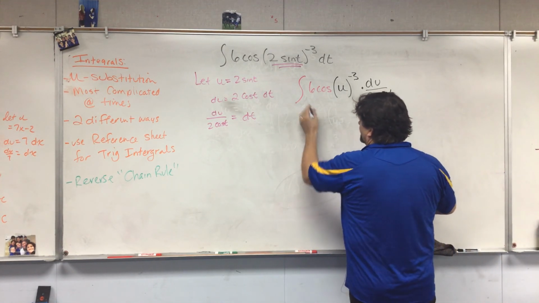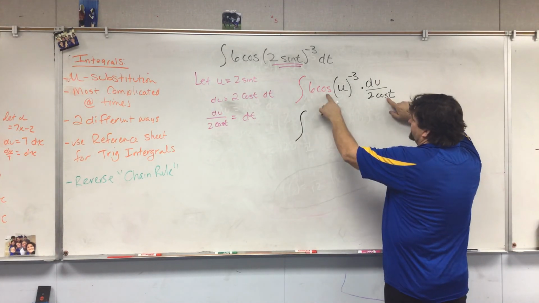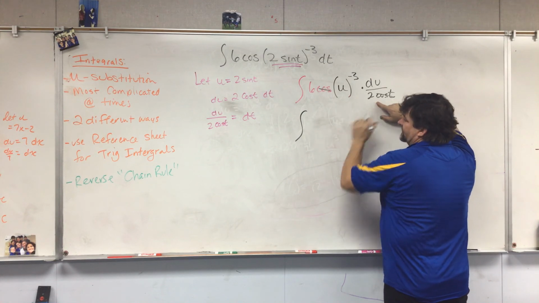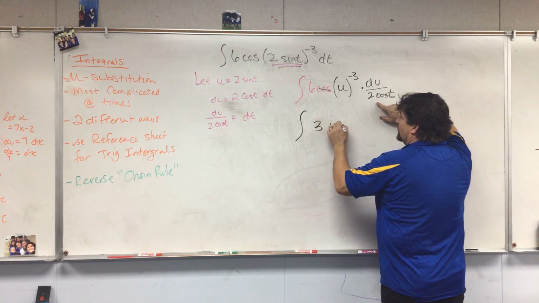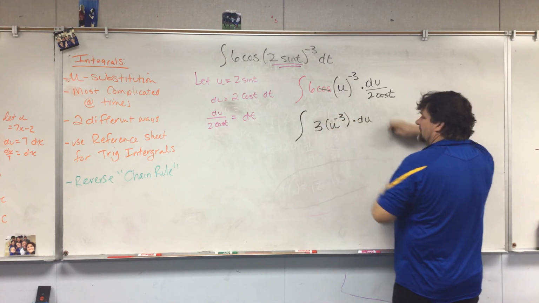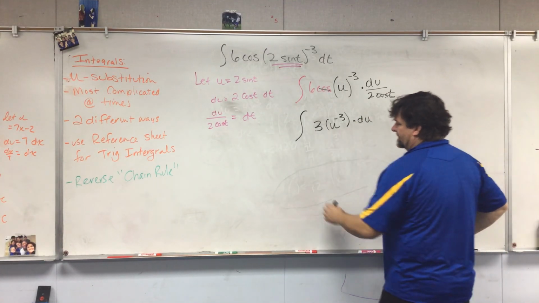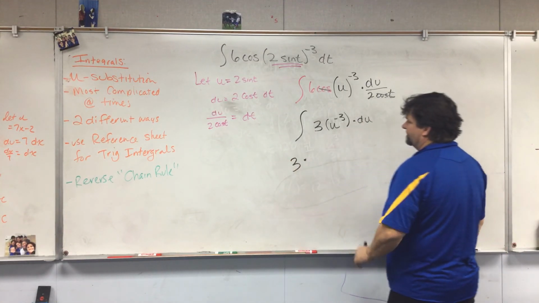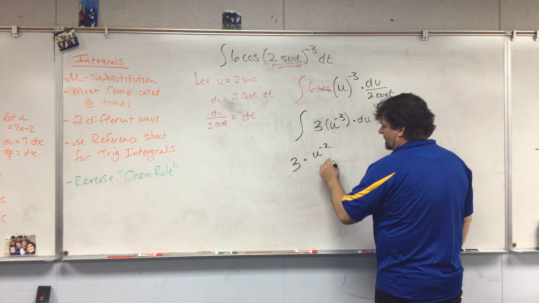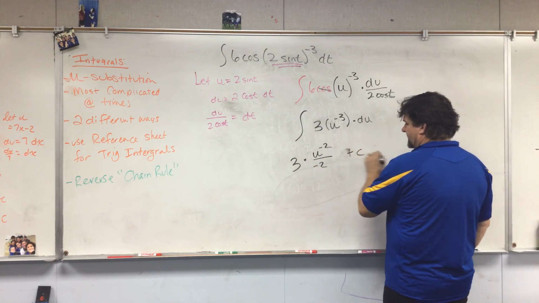I'll leave the integration sign there for you guys right now. Cosine t cancels. 6 divided by 2 is 3, u to the negative 3, times du. Now I can integrate this. 3 times, add 1, u to the negative 2, divide by negative 2, du is gone, plus c.